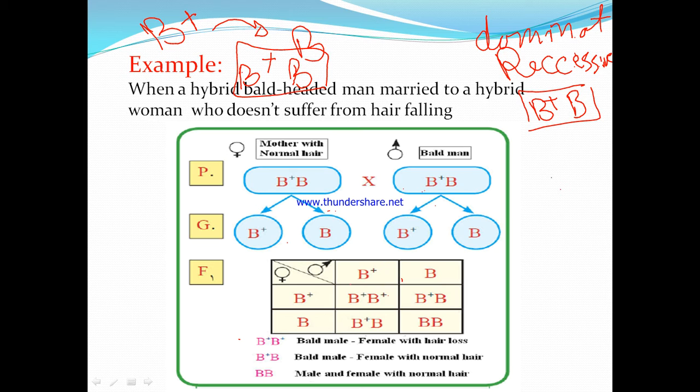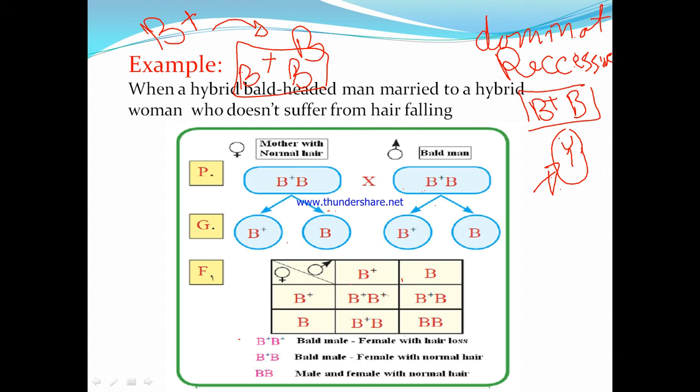In this case, we haven't seen any balded head female in our environment or in our world, because she does not carry the Y chromosome. This trait is affected by a sex gene carried on the Y chromosome.